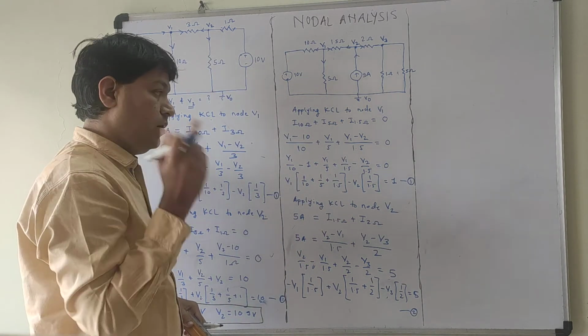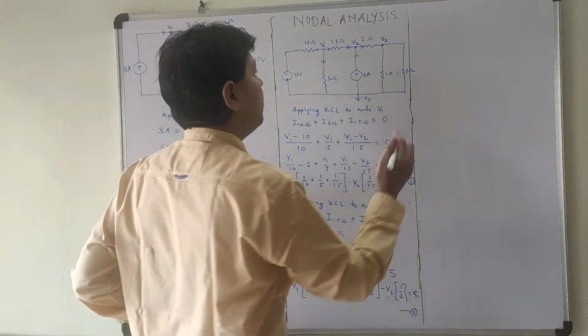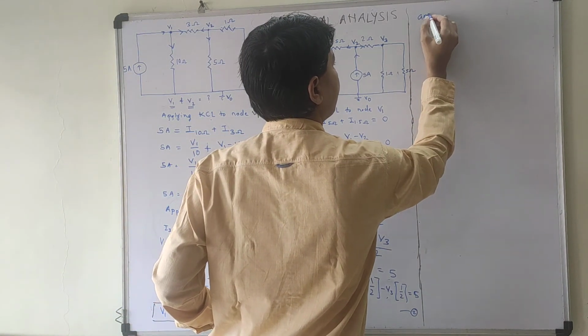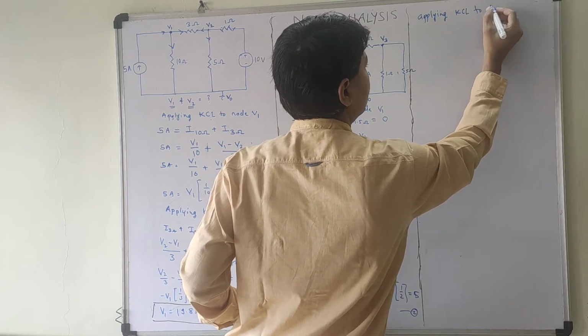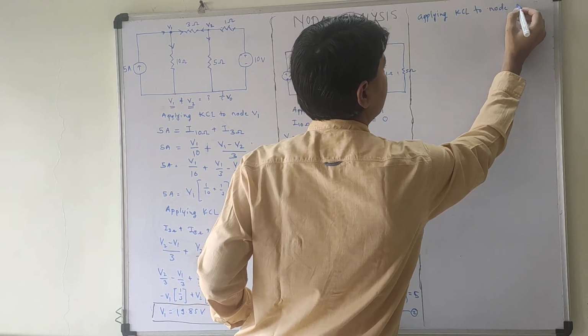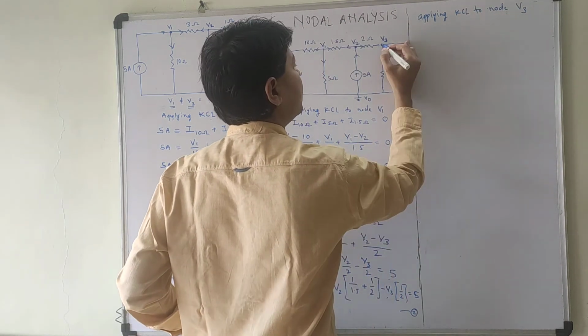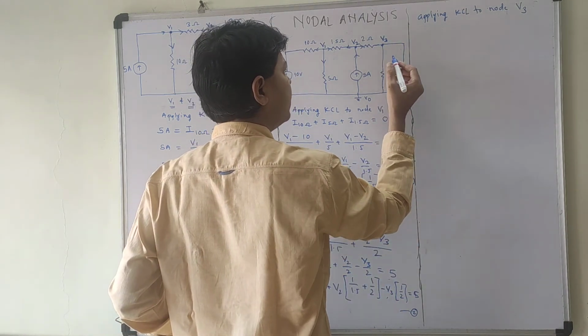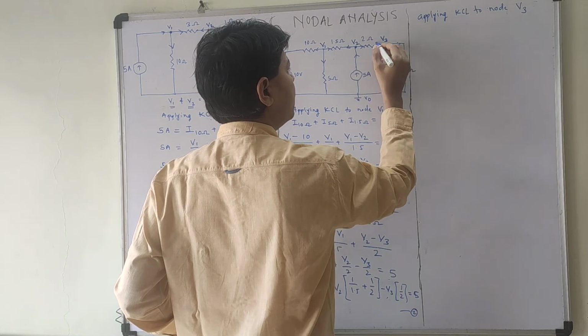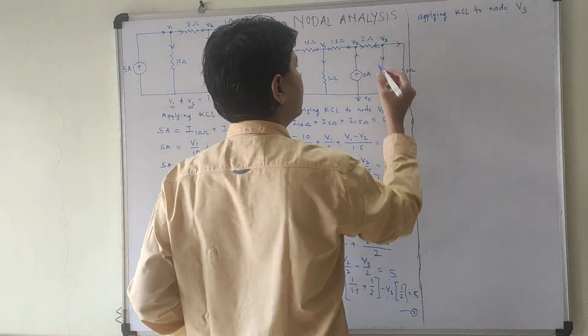Okay. In the same way, now applying Kirchhoff's current law to node V3. There is no current source and voltage source here. I consider all the outgoing current is equal to 0. So what will this be?